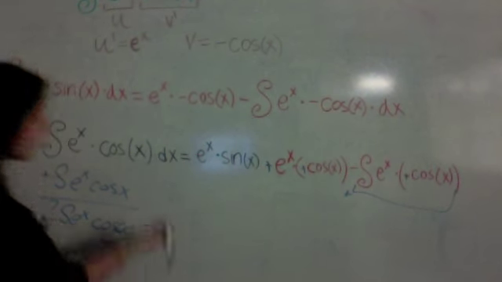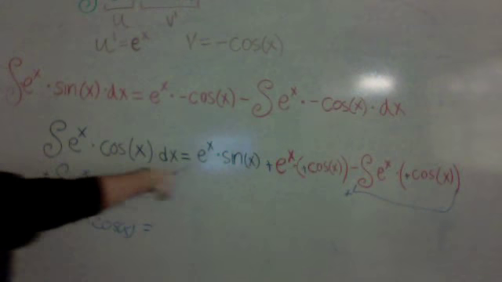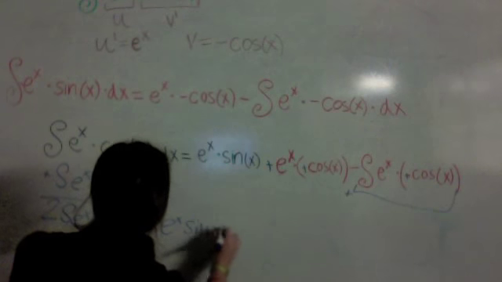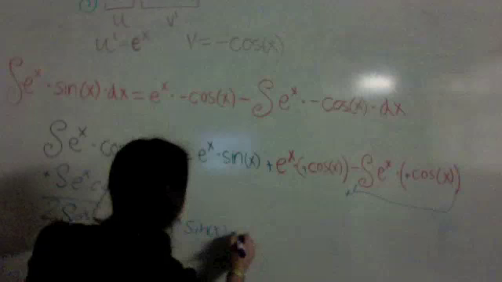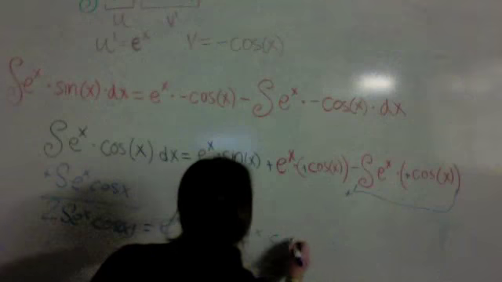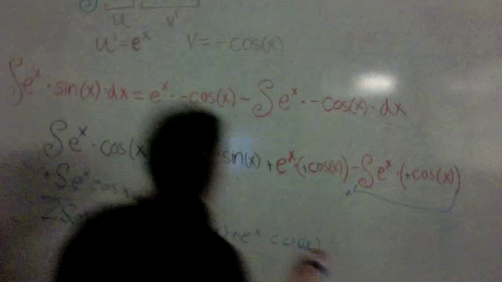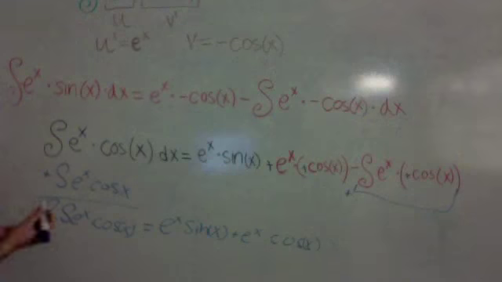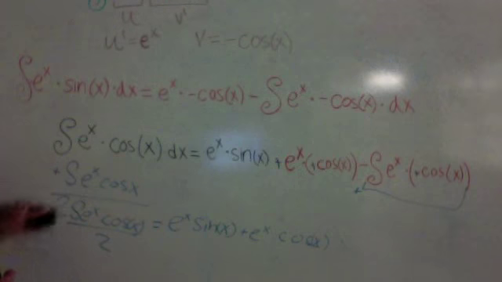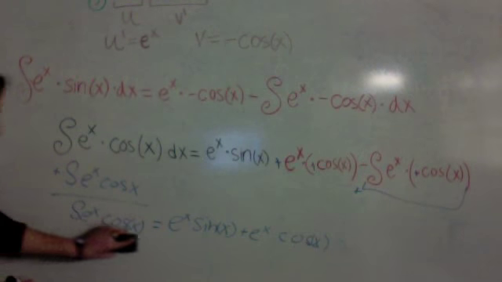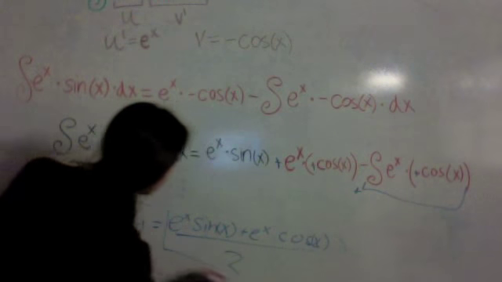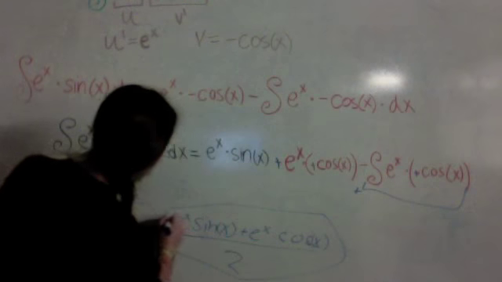And that would just equal this equation on this side, which would be e to the x times sine x plus e to the x times cosine x. And now, since we have 2 here, I'm going to divide it by 2. So this would just become the integral of e to the x cosine x, and divide this by 2 as well, and that would be our answer.